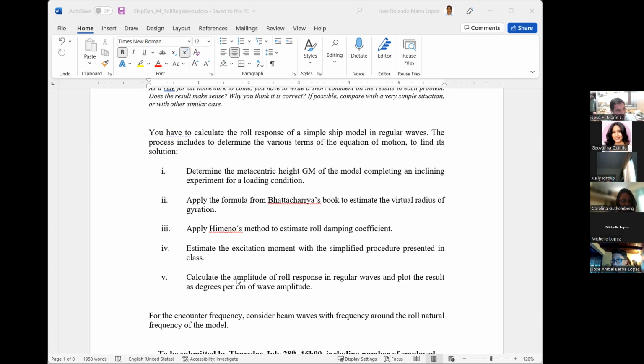So directly, what you calculate is the RAO in degrees per centimeter of wave amplitude. And of course, in that graph, you're going to have an increment in the resonance region and then a reduction in response. Any questions about this?